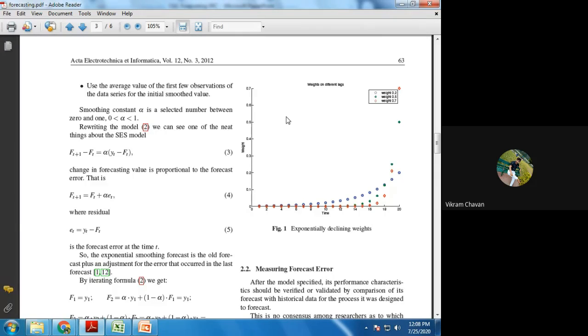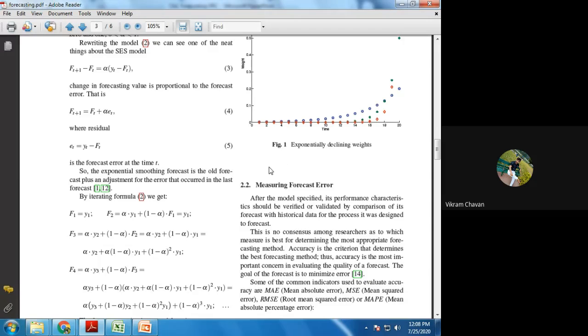All of that is mentioned in this paper. Is it okay with everyone? Everyone understood? Okay, I will take attendance now, and after the lecture I will share this paper on our WhatsApp group.